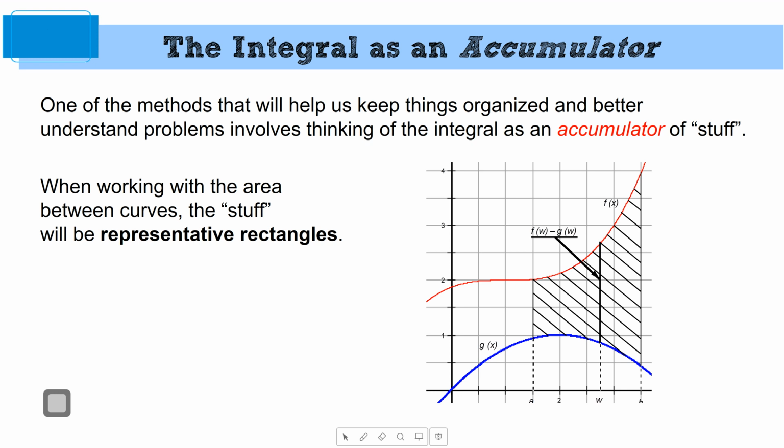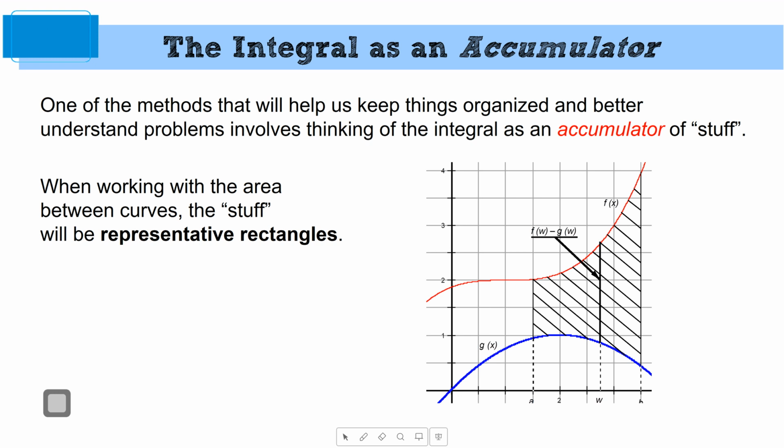We'll talk a little bit later about how skinny that rectangle is. But the fat bolded vertical line in there is what I'm going to call a representative rectangle. And because we've talked about the integral as being an accumulator of stuff, hopefully it makes sense: if we could find the area of that one rectangle and then add up all the rectangles, we'd have the area between the two curves. Does that make sense? Okay, good.